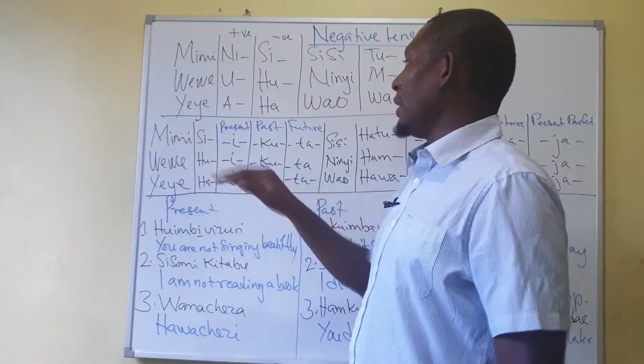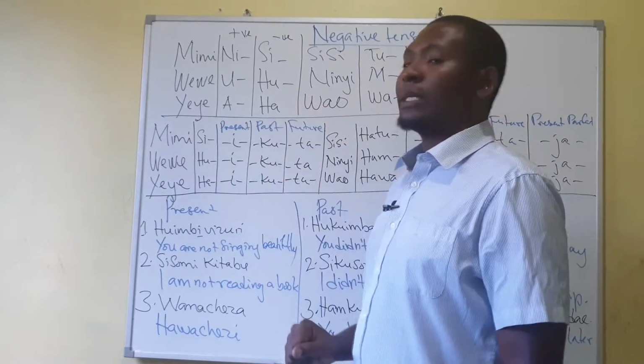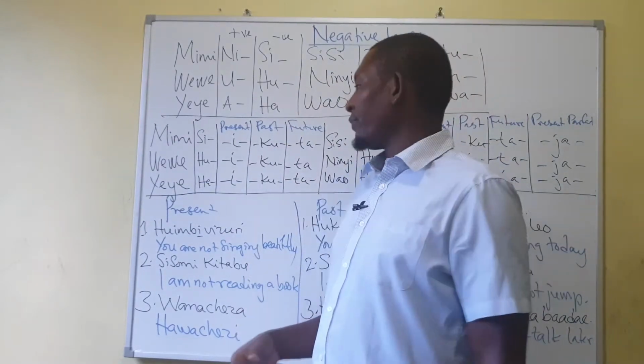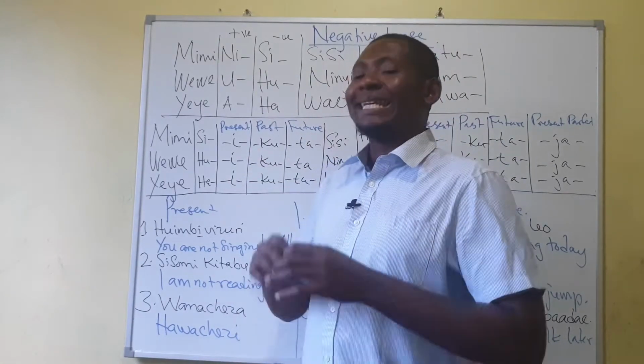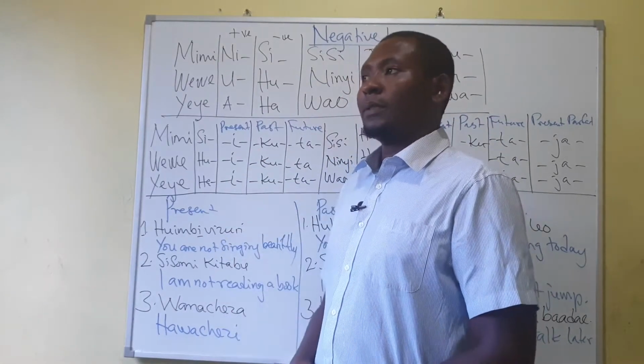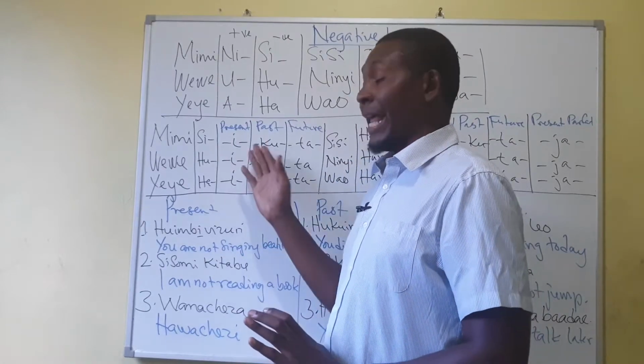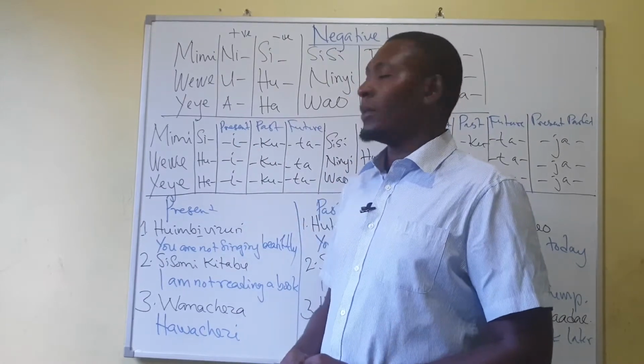Okay, so Mimi, as we've said, in negative is represented by si, and in present, instead of na, like ni-na, there's no na here. In negative, there's i.